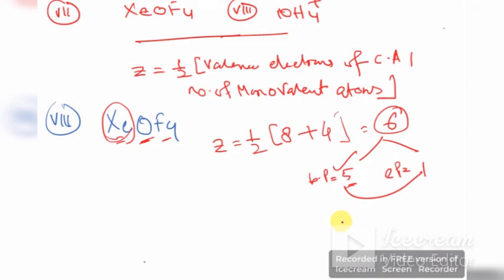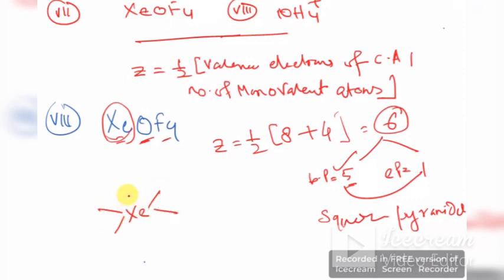5 1, 5 1, what will be the shape related to 5 1? Bond pair 5, lone pair 1 is square pyramidal. So this is really interesting, just look at that. Xenon will be the central atom, and here oxygen will generally be bonded with a double bond. And one fluorine here, fluorine, and fluorine.